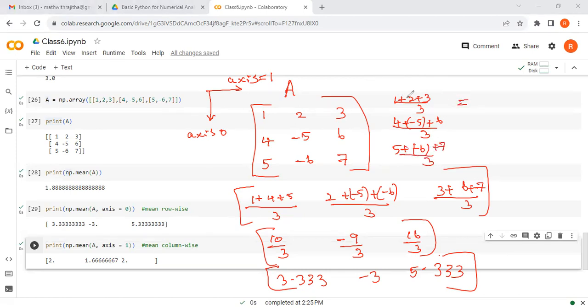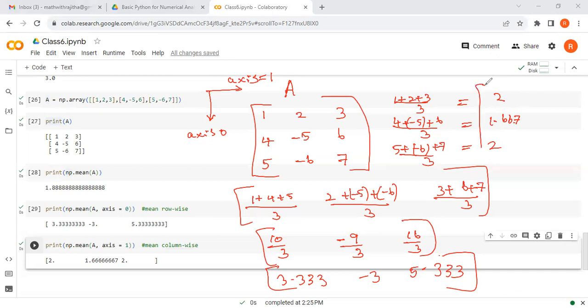The first is 6 divided by 3, which is 2. The second is 5 divided by 3, which is 1.667. The third is 6 divided by 3, which is 2.